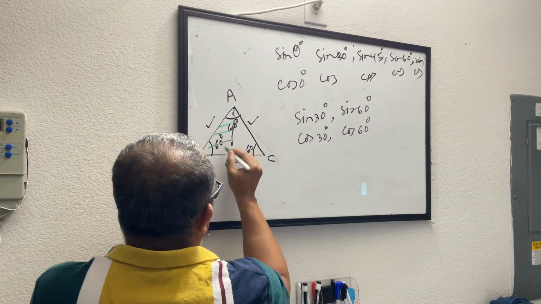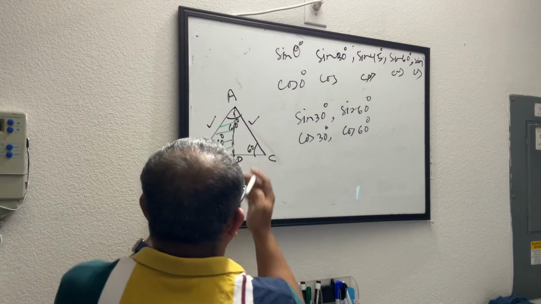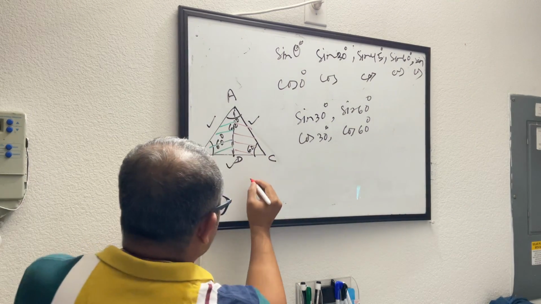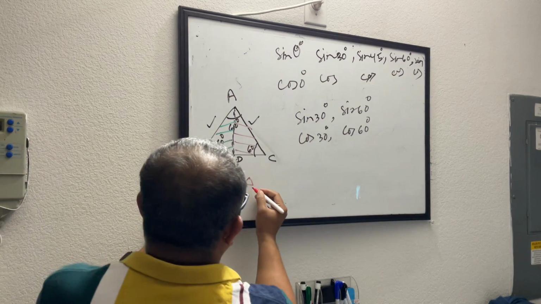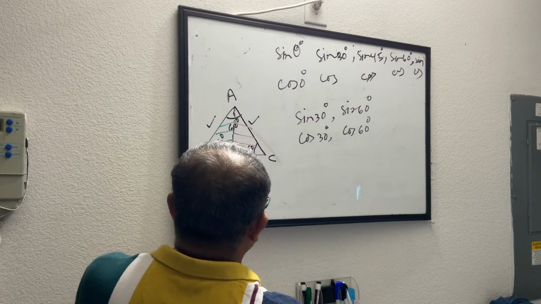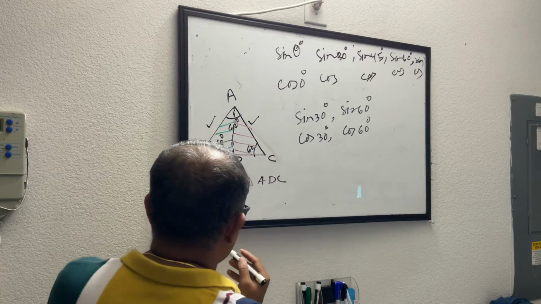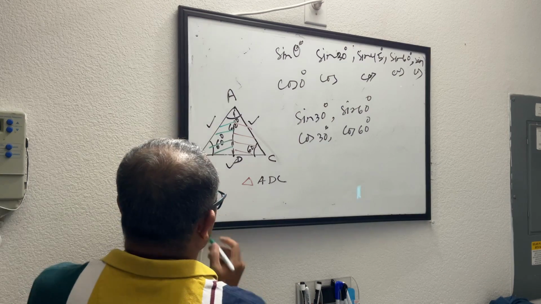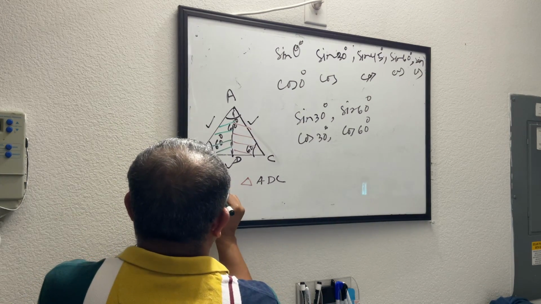One is a green one that you see here, and the other one is, let's say, a red one. Okay? So my red triangle is ADC, and my green triangle is ABD.